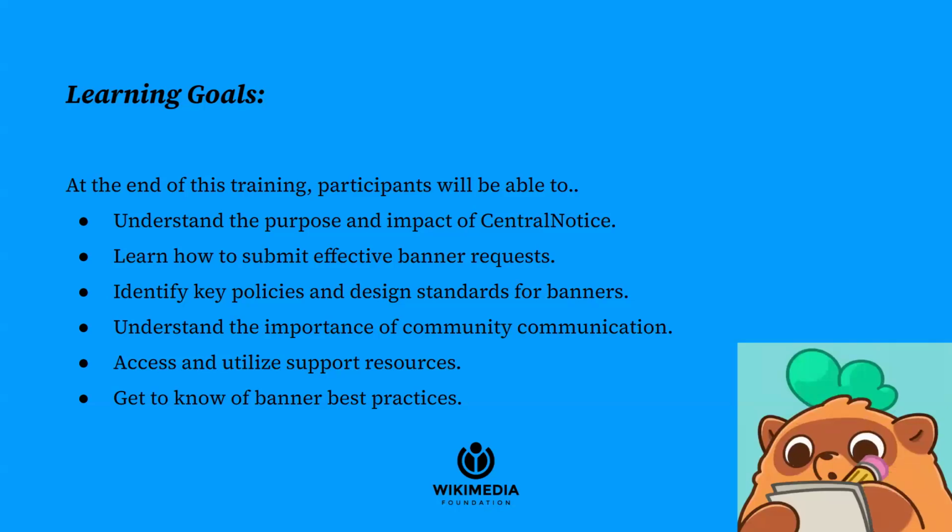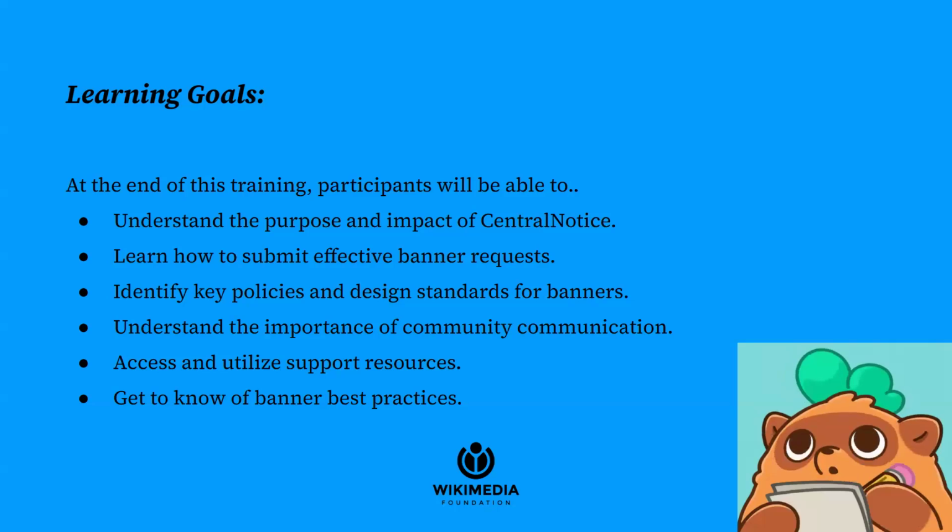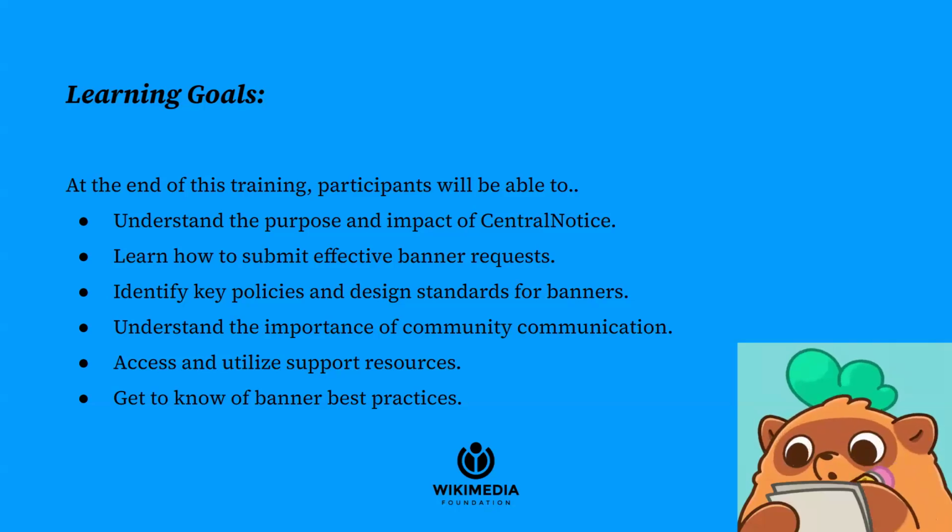You will see why community communication and consensus is very important, and how to collaborate with the admins and other community members when making requests. You'll also find out where to get help so that you always know where to go when you need support. Last but not least, you'll learn the best practices surrounding banners. By covering these topics, we want to make sure you leave this training feeling very confident and prepared to make CentralNotice requests that are smooth and aligned with the newly updated guidelines.